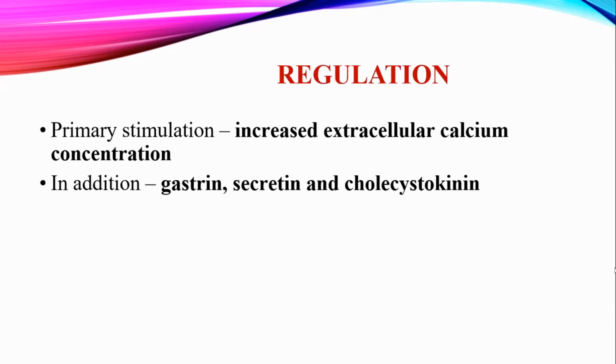Parathyroid hormone also acts on the renal tubules and bone, and the actions of calcitonin on bone and renal tubules are just the opposite.